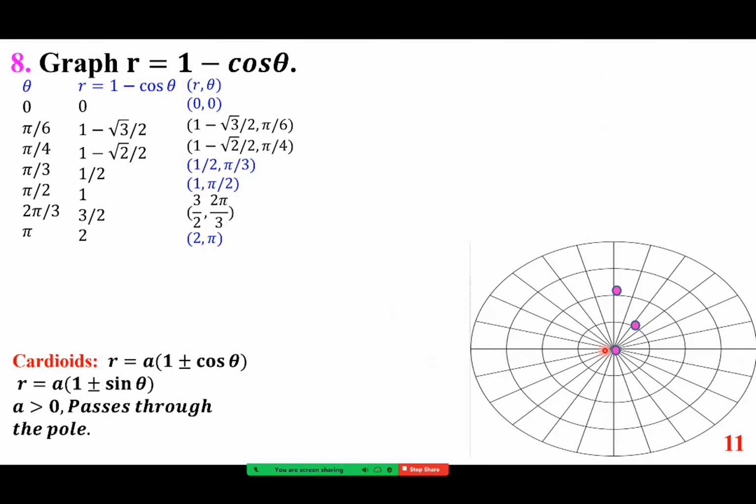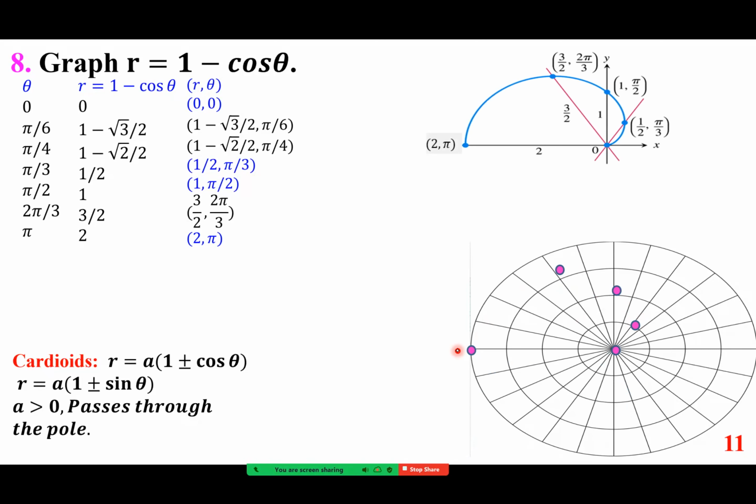So we want 1/2, 1, 3/2, 2. This one is 3/2 at pi over 2. So if I put them all together, I go like that, and it looks like this. Needless to say, this is much more precise.